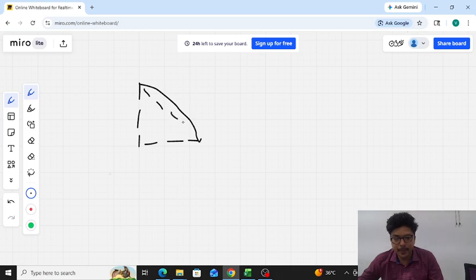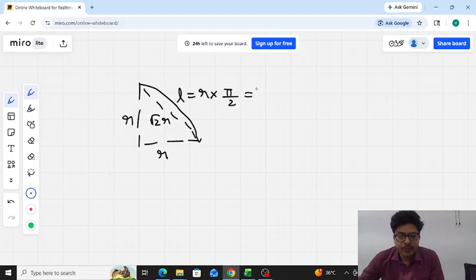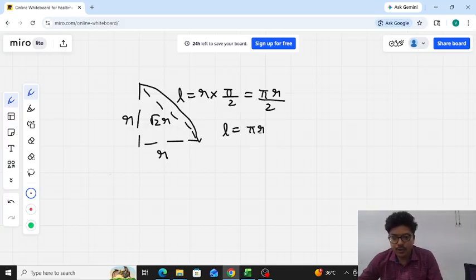This distance is R, this is R, so this will be root 2 R. Now this length L is equal to R into pi by 2, which is pi R by 2. This is the length, L is equal to pi R by 2.